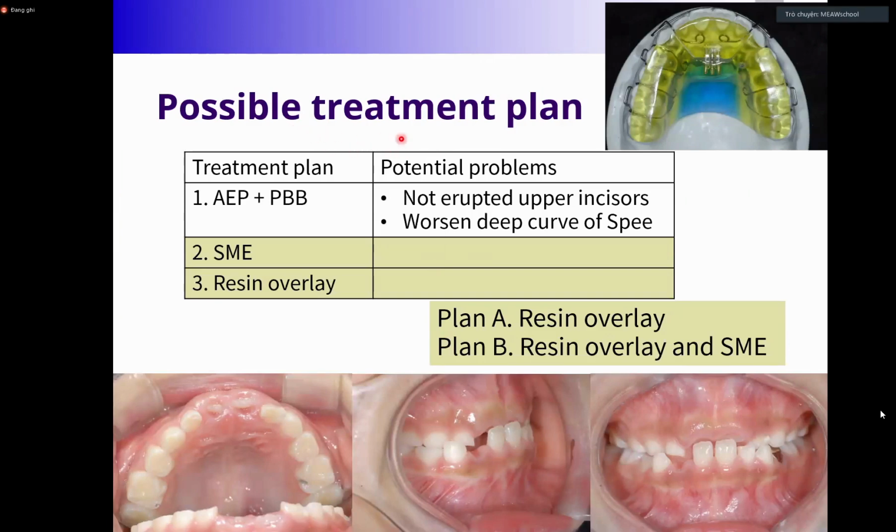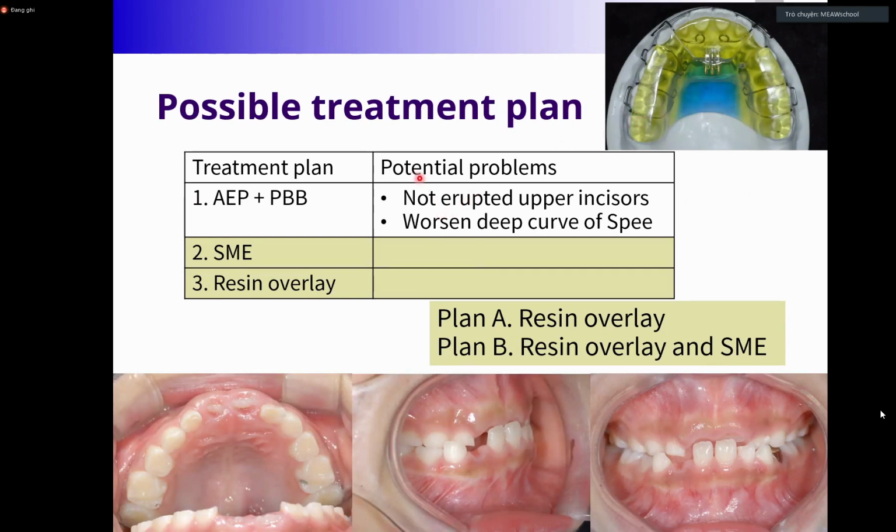These are possible treatment plans. First, anterior expansion plate. The anterior expansion plate will incorporate a screw in this area to move the anterior teeth forward. At that time, you should insert the posterior bite block in this area.